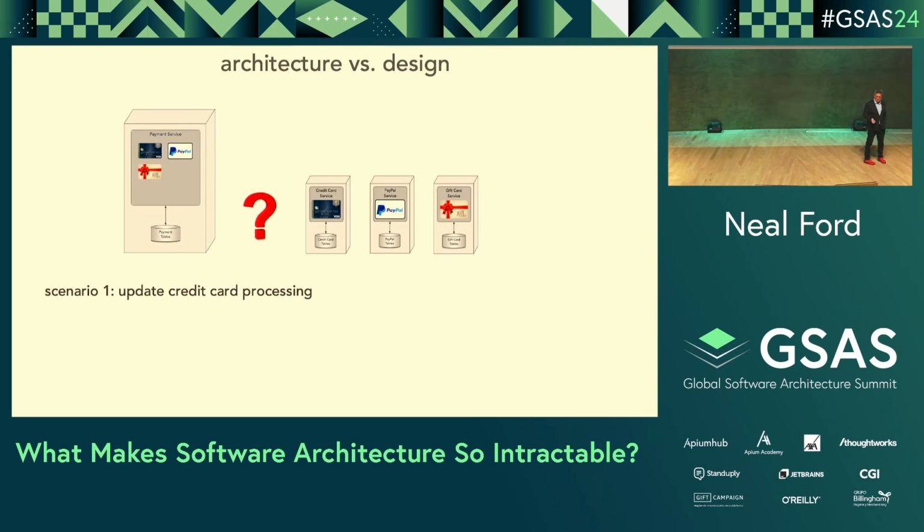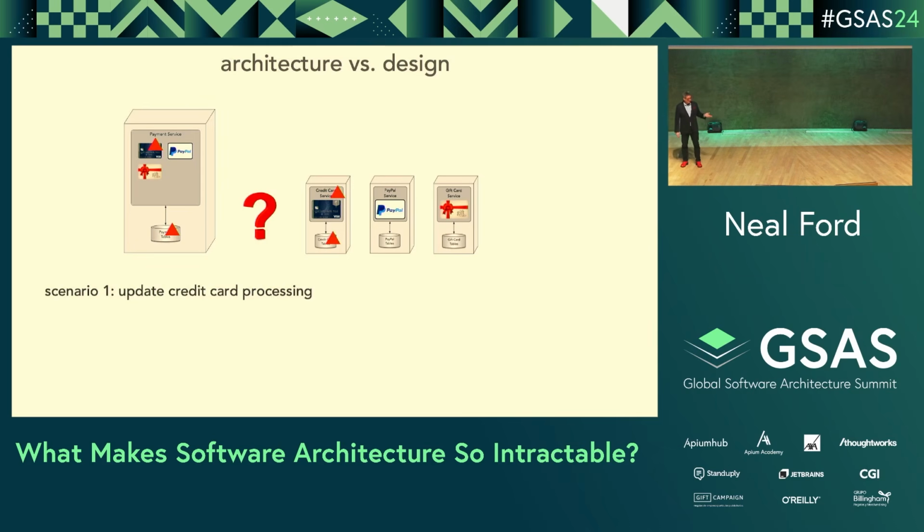The first scenario might be we need to update the code for credit card processing. What kind of impact would that have? And what kind of trade-offs would that entail? Well, if we do that for the single service, I have to change the code. I have to potentially update a database schema. I need to test everything because I've touched some of that code and make sure it all works.